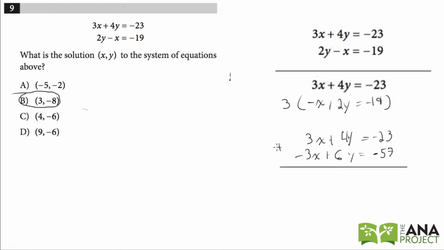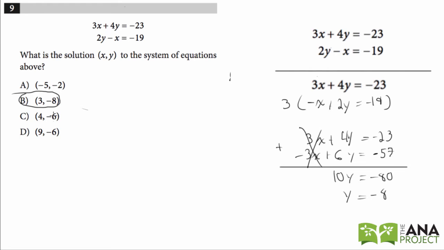So now if we add these equations, 3x plus negative 3x, that cancels out. And then if we add this, 4y plus 6y, that's 10y. And negative 23 plus negative 57 is negative 80. 10y equals negative 80, y equals negative 8.